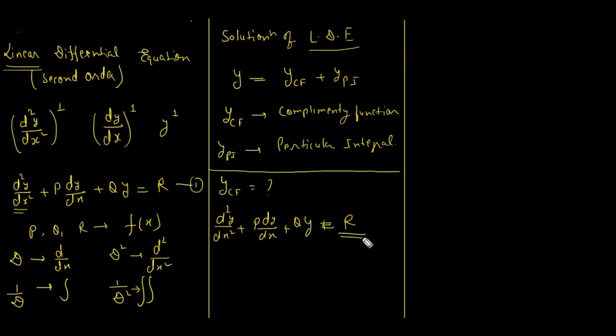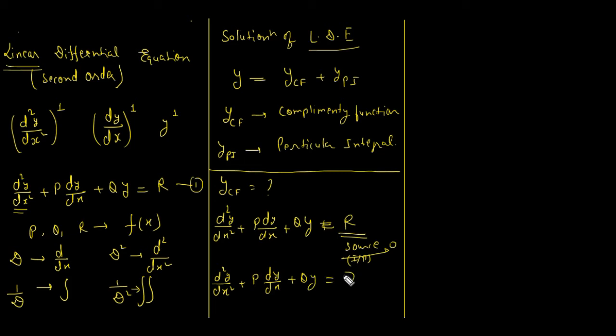Here r is acting as a source or input. So we will set it equal to 0. What we have is d2y by dx square plus p dy by dx plus qy is equal to 0.